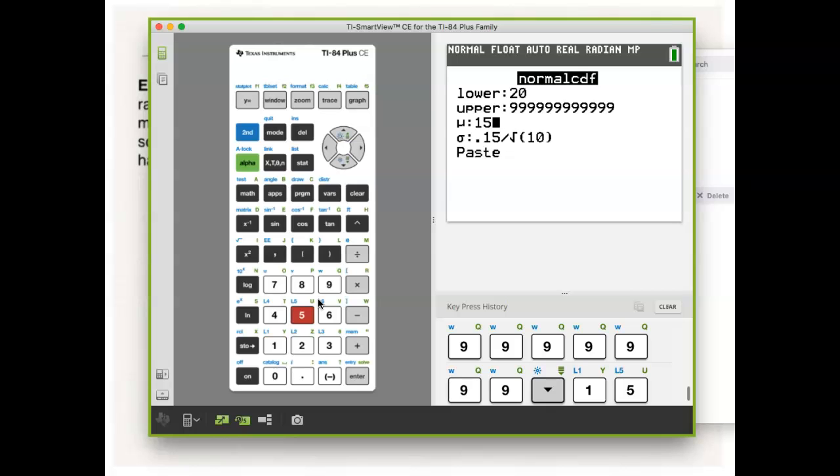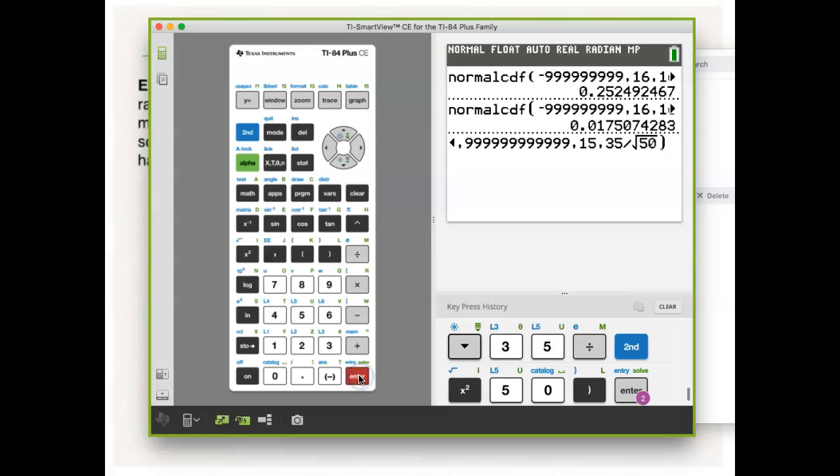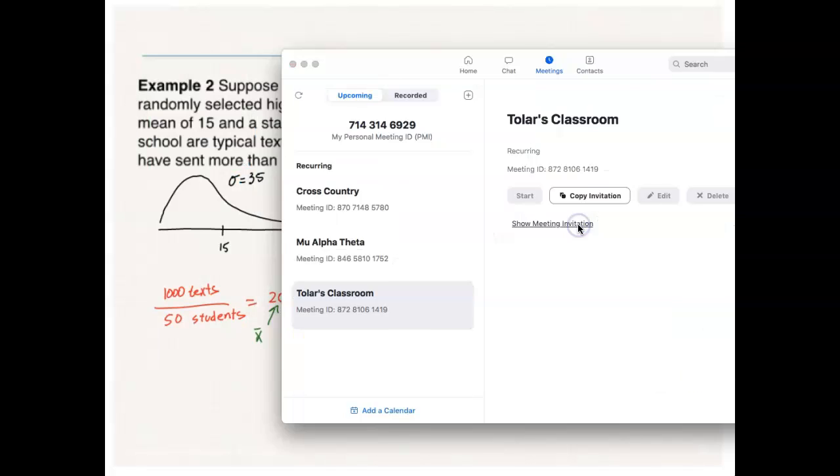Mean is 15, and standard deviation is 35 over root 50. All right, so 0.156, so a little more than a 15% chance of that happening.